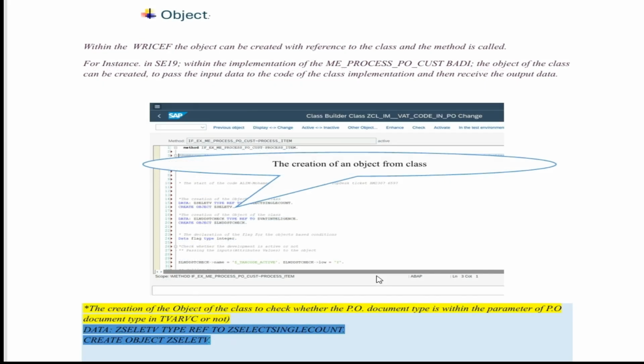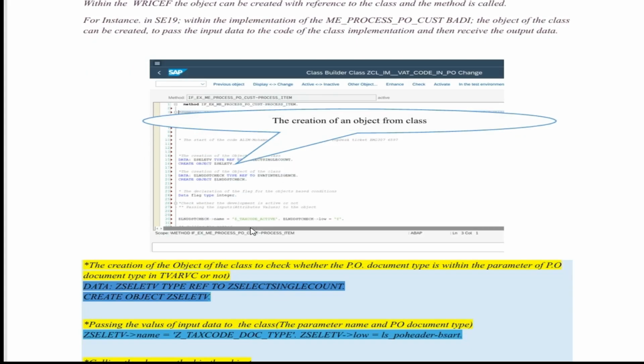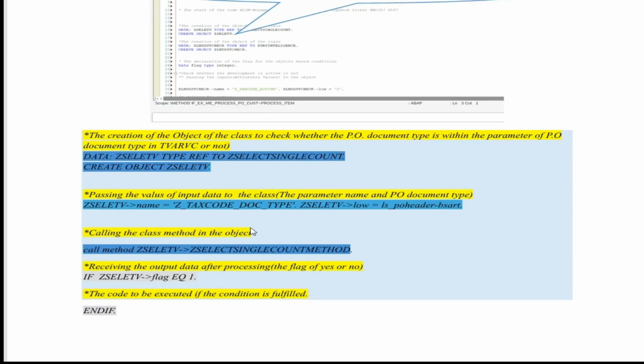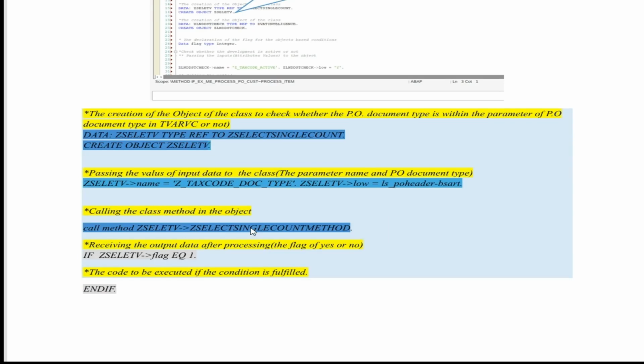Now, how do we call the class with its own contents in our code? As an example, we are writing the code within the body of the process PO user exit. So here in this shell, we are going to call the class, but we call it through creating an instance of it, which is an object.